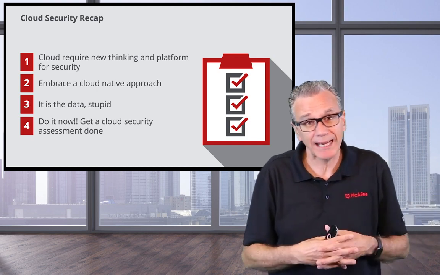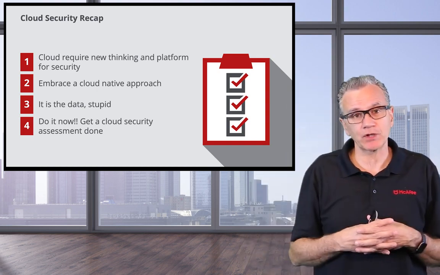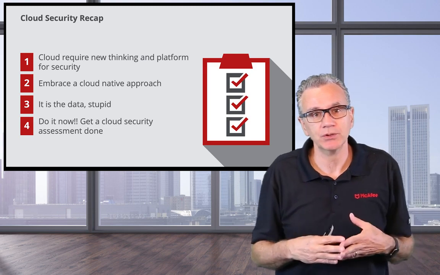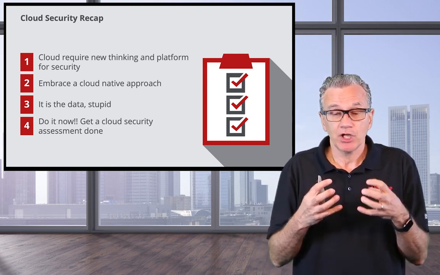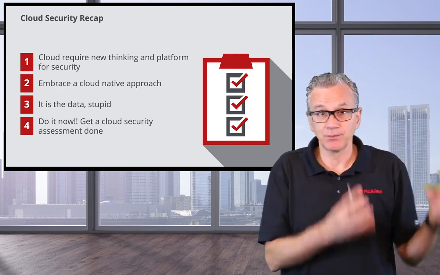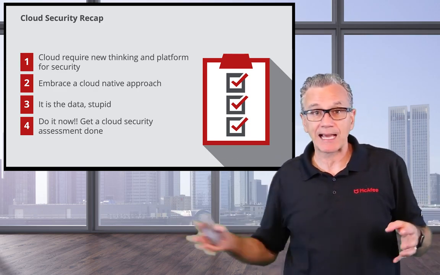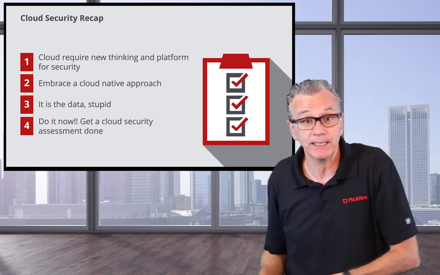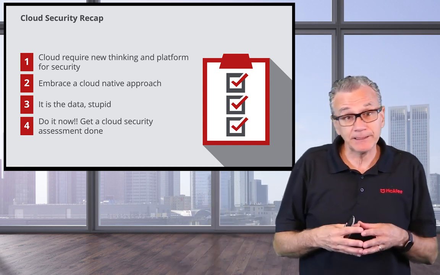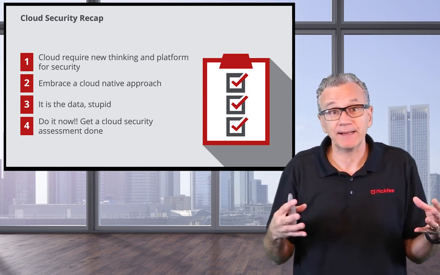And so as you look at securing your journey to the cloud, we strongly encourage you to first embrace a cloud-native approach. The approach that got you to where you are today is not going to take you to the cloud, just like the approach that you used for client-server didn't get you to the internet. Secondly, it's all about the data, right?